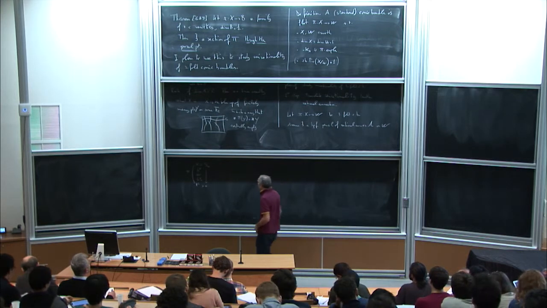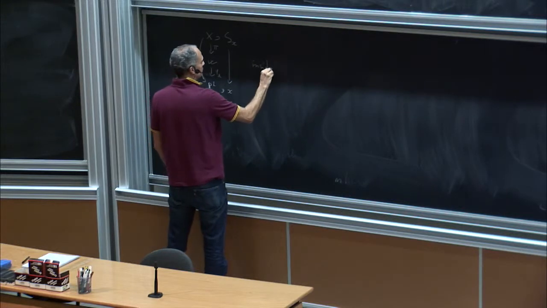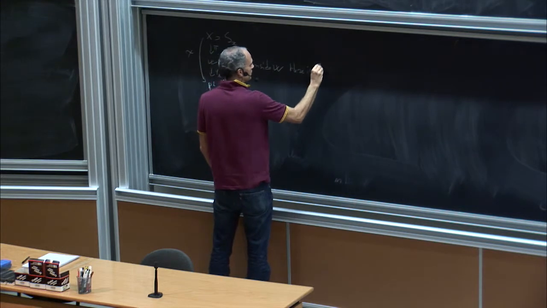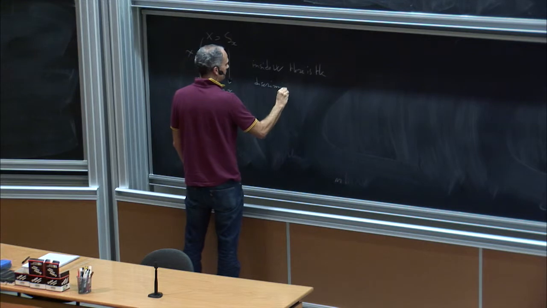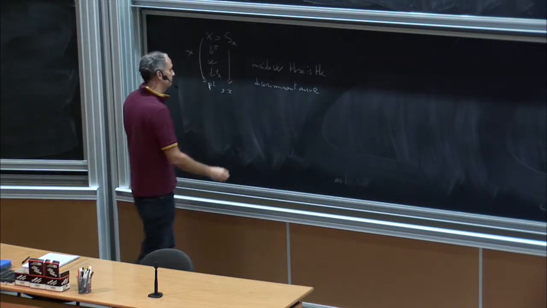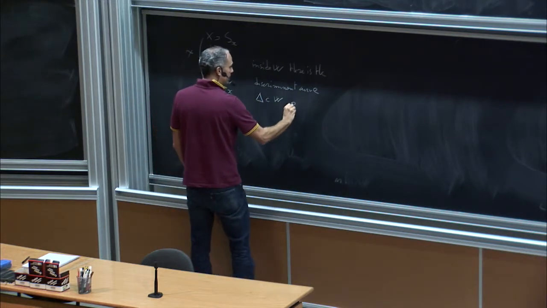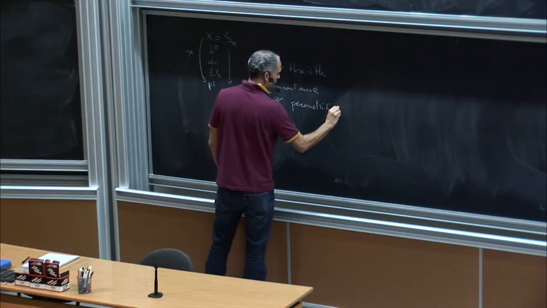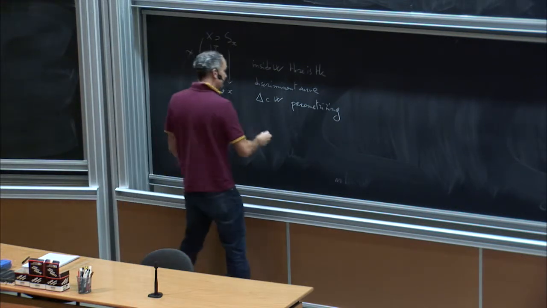And in particular, inside W, there is what is called a discriminant curve, Delta, that parameterizes the non-smooth fibers of pi.